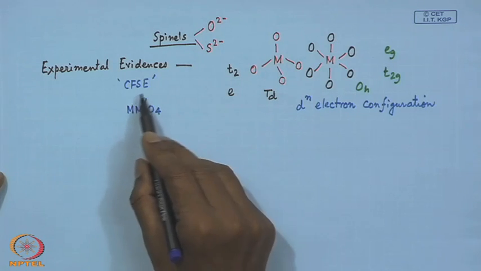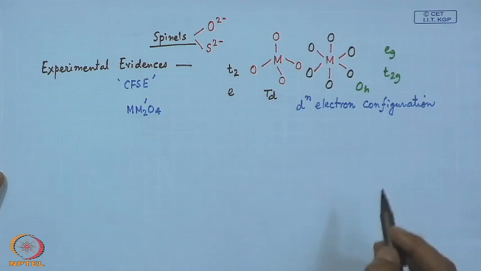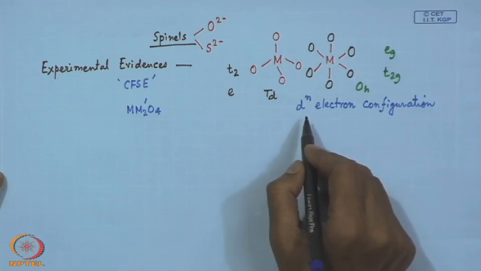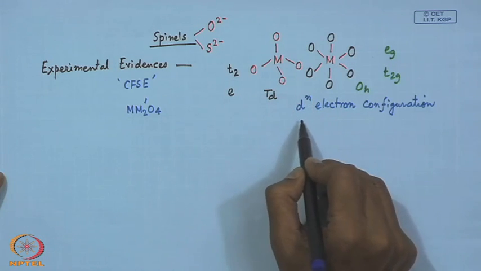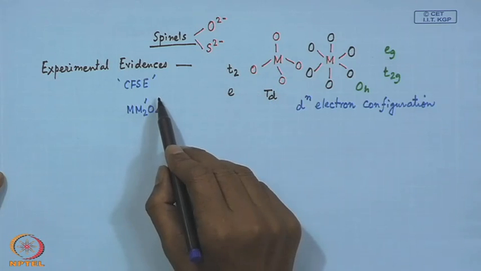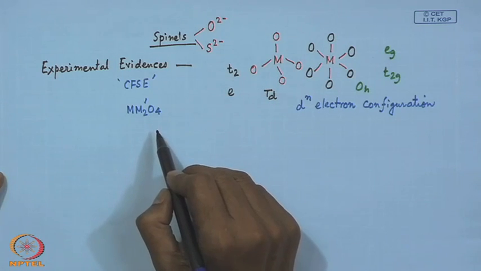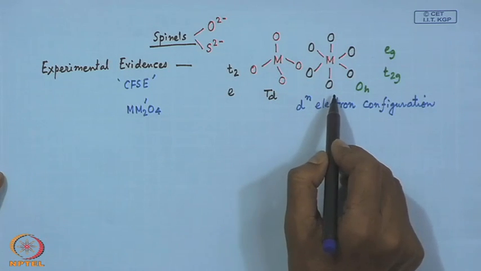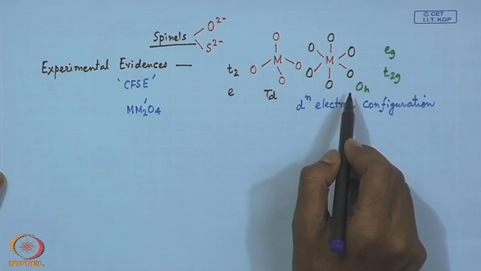When we put these bivalent and trivalent metal ions, depending upon their different electronic configurations, we can have the corresponding CFSE for these electron configurations in these two geometrical forms.